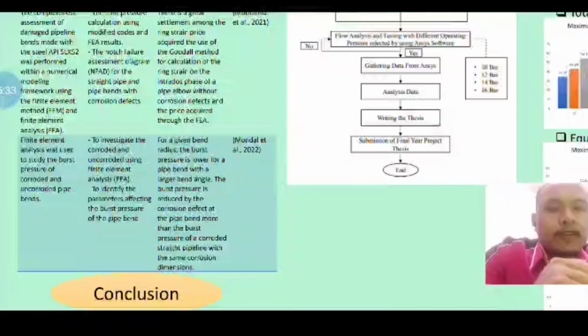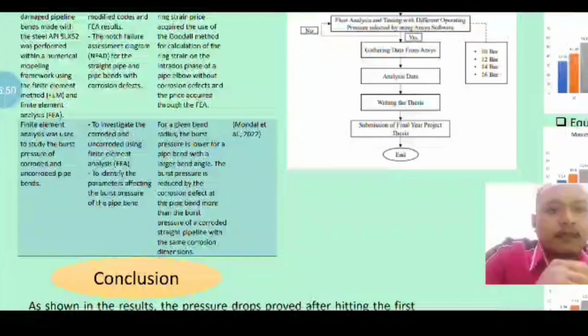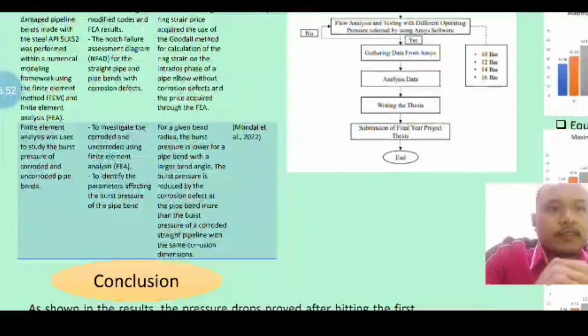The finding for this study is that the burst pressure is lower for a pipe bend with a larger bend angle. The burst pressure is reduced by the corrosion defect at the pipe bend more than the burst pressure of a corroded straight pipeline with the same corrosion dimension.